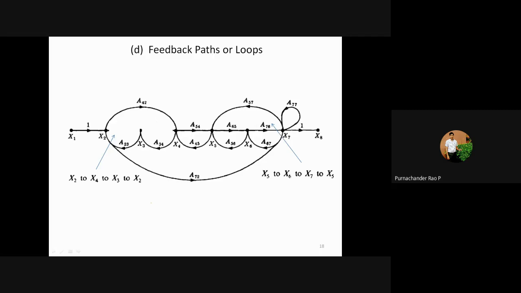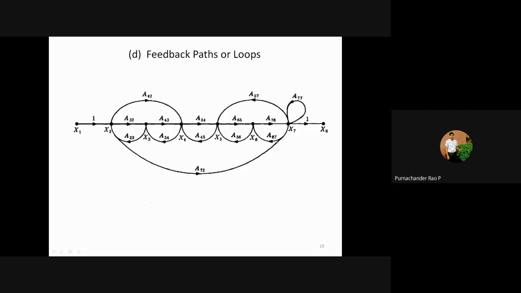Next, x5 to x6, x6 to 7, then 7 to x5 again. This is also another loop. Next, you can observe that this is also another loop.